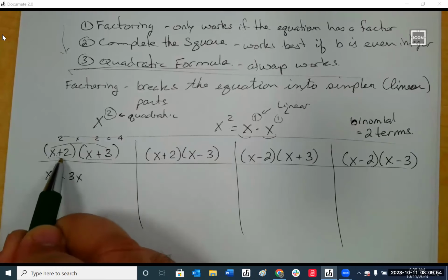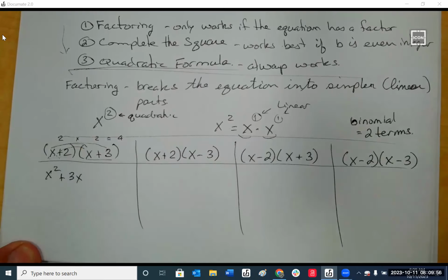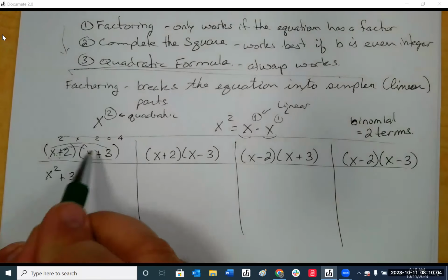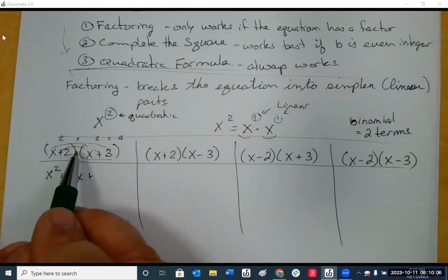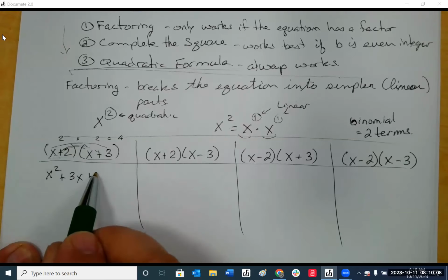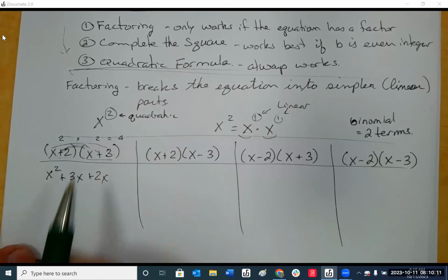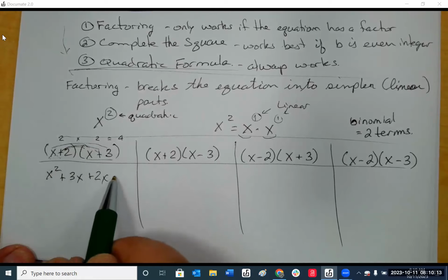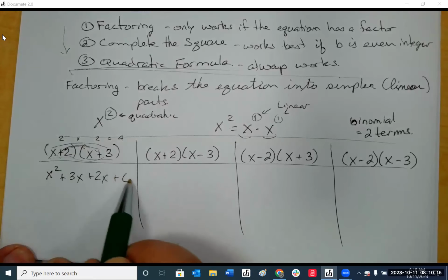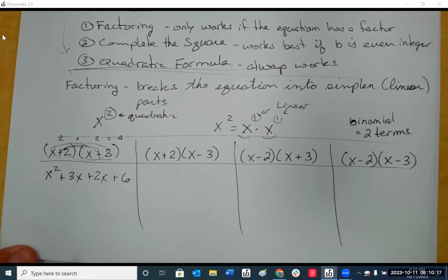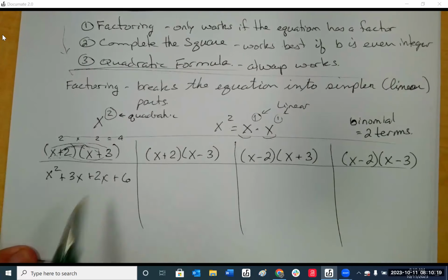That does it for the x. Positive times positive is positive. 2 times x is 2x. Positive times positive is positive. 2 times 3 is 6. So there are 4 terms. We have 2 terms times 2 terms gives us 4 terms.